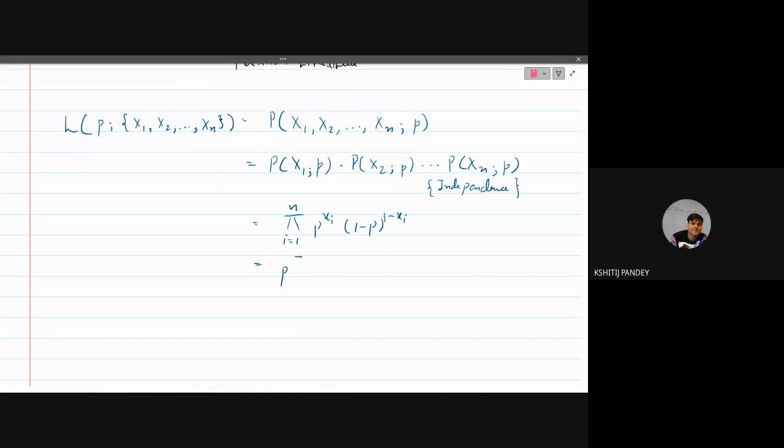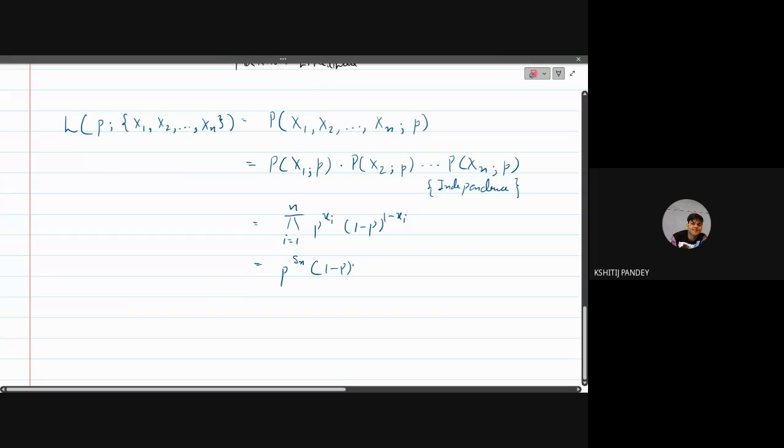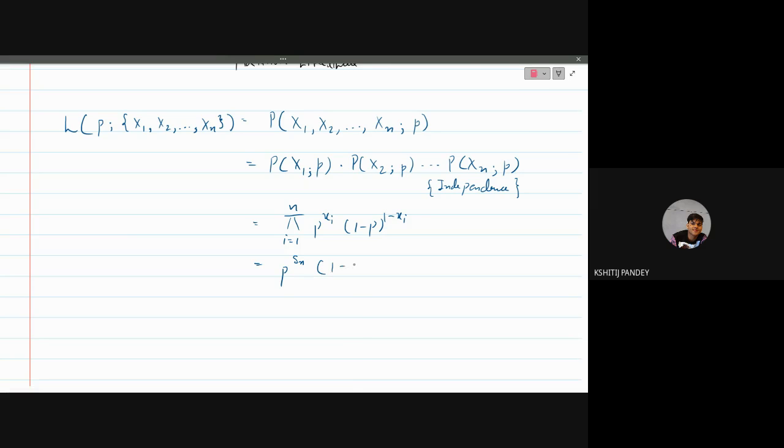So that is summation i from 1 to n, or simply I'm just writing it as Sn, denoting the sum of the xi's. And for the other term, 1 minus p raised to the power 1 minus xi, when this term is getting multiplied n times, the base is the same, so the powers get added. When 1 gets added n times, it will be 1 minus p raised to the power n.